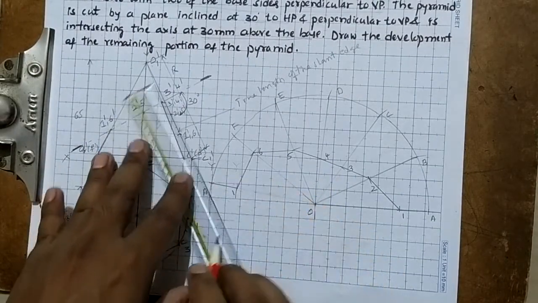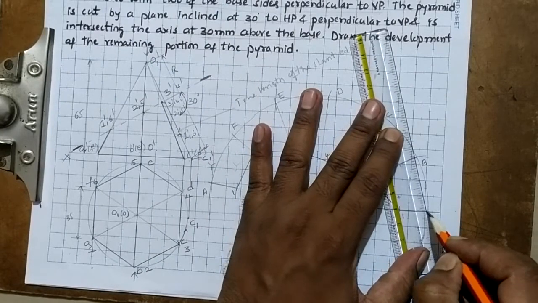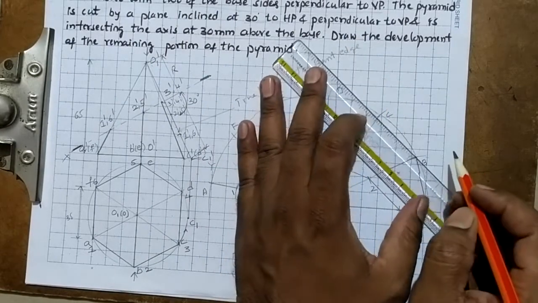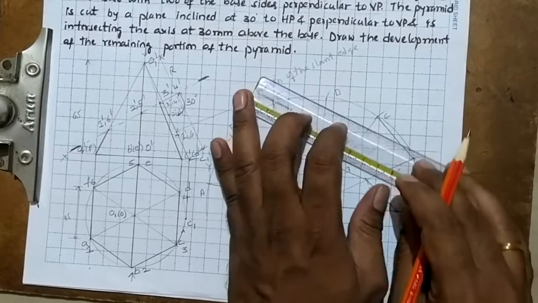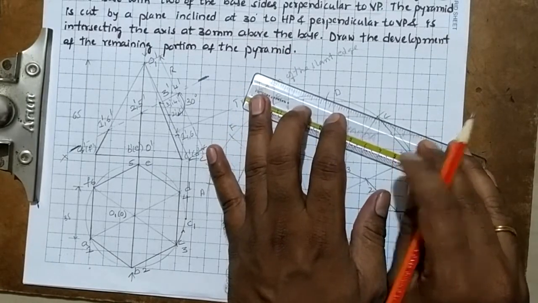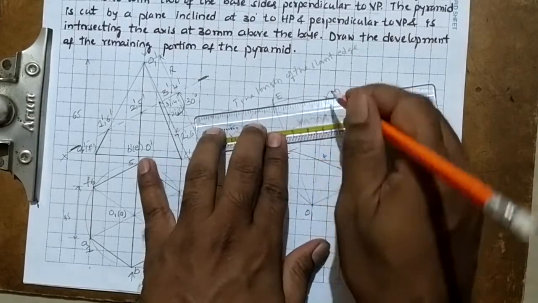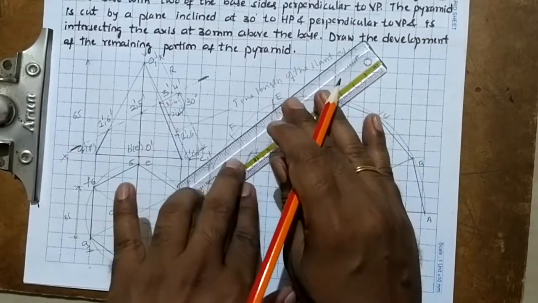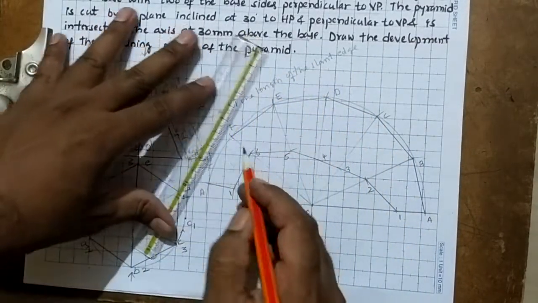Then join A to B with a dark line. These are the edges of the base. B to C, C to D, D to E, E to F, F to A.